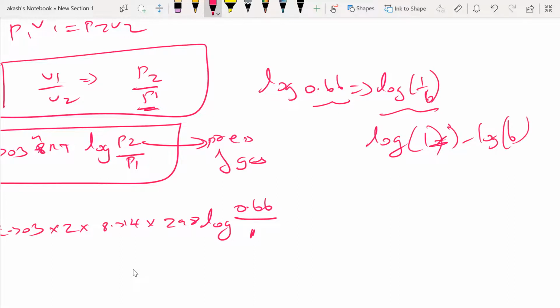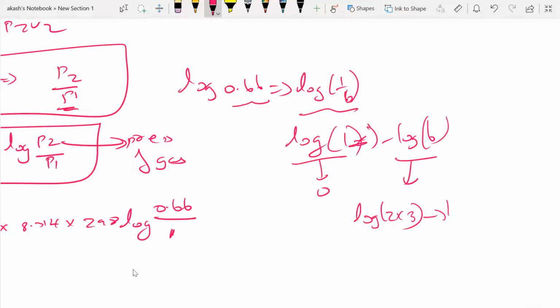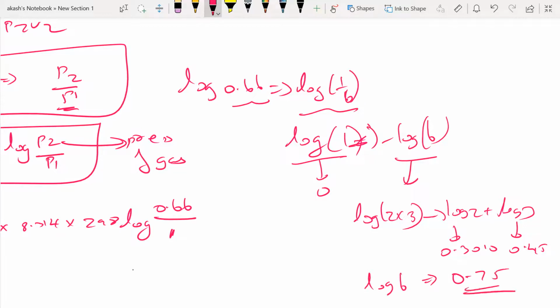I know log 1 is 0. Log 6, I can write as log of 2 into 3, so that is log 2 plus log 3. Log 2 value is 0.3010, log 3 value is 0.45, so log 6 is approximately 0.75.